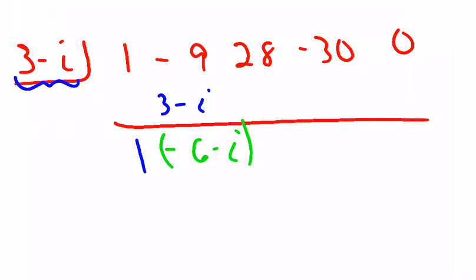Then we multiply again. So 3 minus i times -6 minus i. Again, you're going to have to FOIL that. So, remembering your foiling skills.